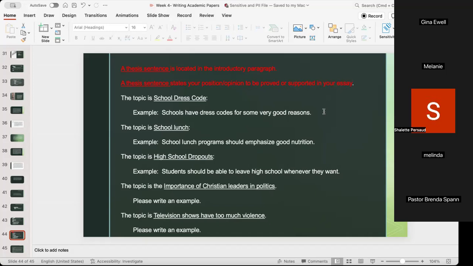No opinion in the topic. But a thesis sentence has an opinion, a position that you are taking to prove or support in your essay.